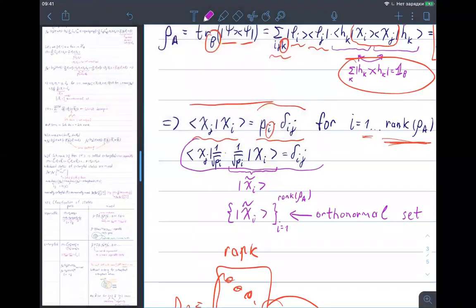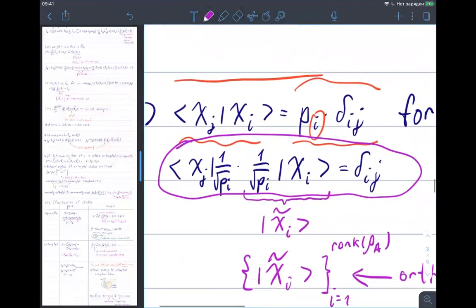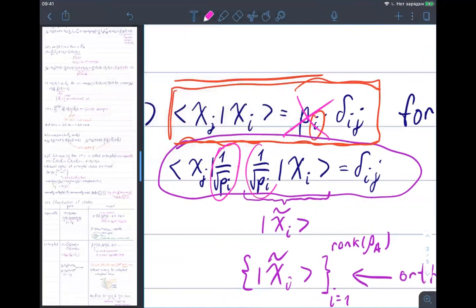Then I take the previous equation and divide it over pi, so I remove it from here. I consider it as a sum of one over square root of pi times h_i, and I denote this product by h_i with a tilde.